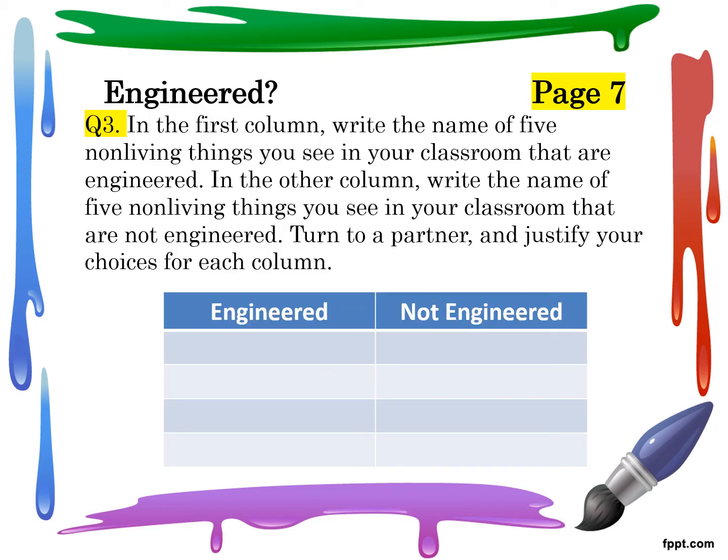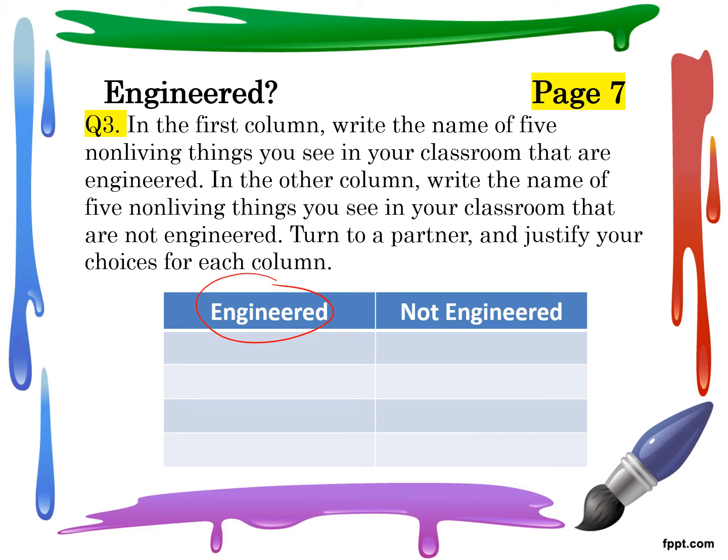Engineered. Now, students, open your science book on page 7 and let's solve question number 3. In the first column, you're going to write the names of 5 non-living things that you see in your classroom or at home that are engineered, meaning things that people design, invent, or create.